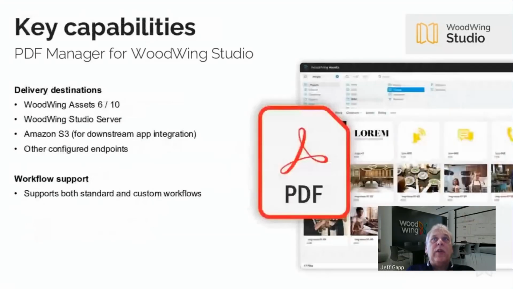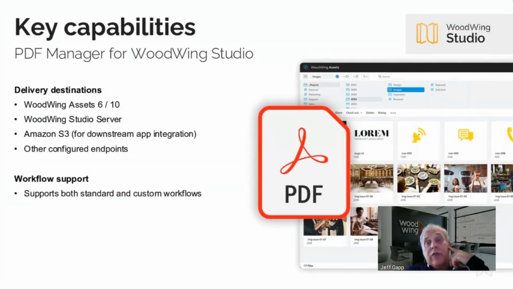Now, there's some really key capabilities where, yes, it's pretty straightforward to generate the different kinds of files you want, but you can also then deliver them to different locations. So one location, of course, is asset 6 or 10. You trigger the generation of tool, it delivers these files automatically to those systems.